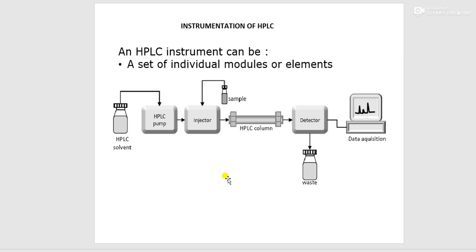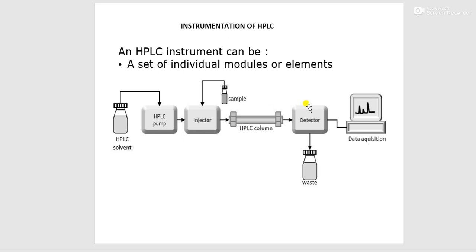A chromatograph is the instrument. For example, if I want to talk about a GC system or HPLC system, I will say GC chromatograph, HPLC chromatograph. And a chromatogram is a graph which is obtained after the complete analysis. Whatever peaks you are getting, that data is known as a chromatogram.